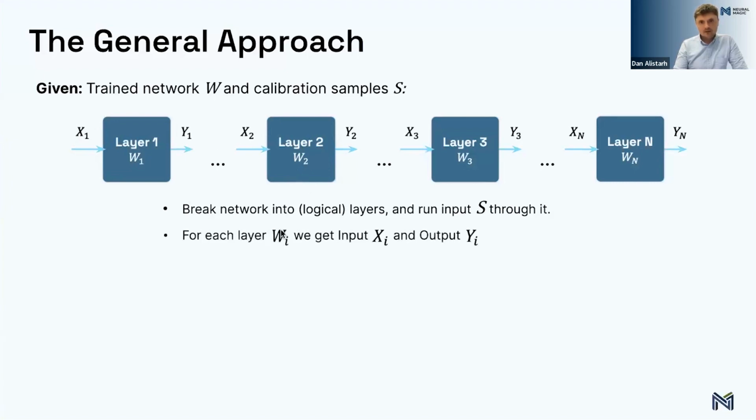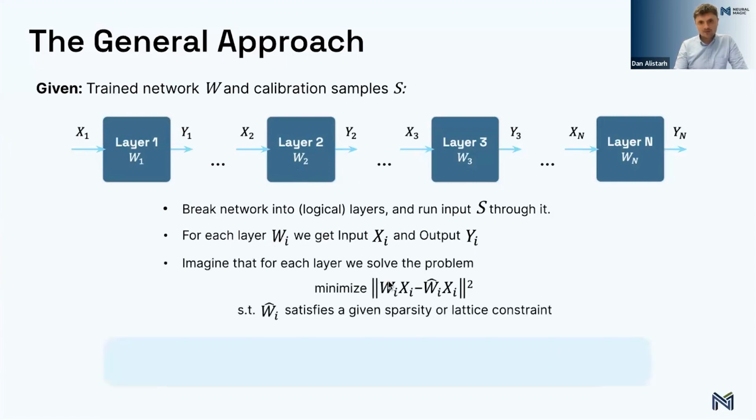Then for every layer matrix W, we get a subproblem of the following form. We would like to minimize the L2 distance between the outputs of this layer before compression and its outputs after compression, where this Ŵ just means that the matrix has been sparsified or quantized, okay?